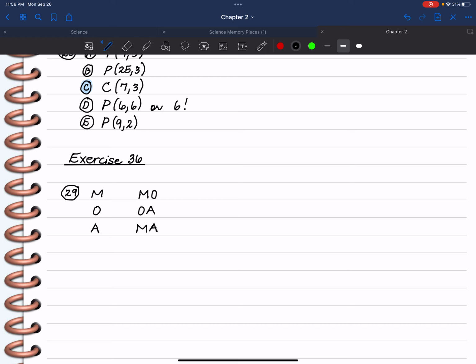And if you get 3 toppings, you can get mushrooms, onions, and anchovies. The order doesn't matter. It's just a matter of which number of toppings you want.